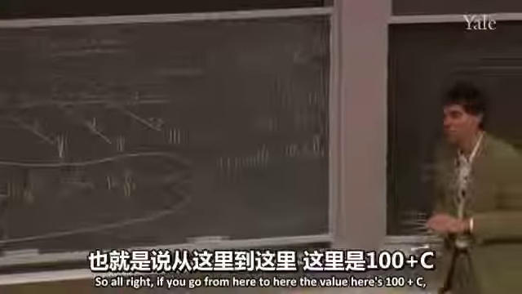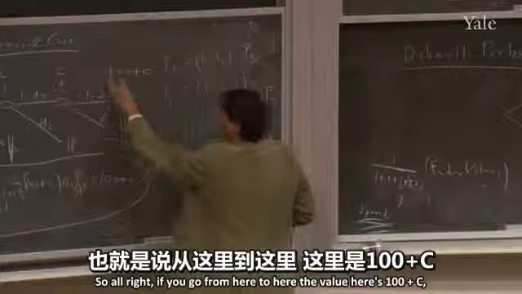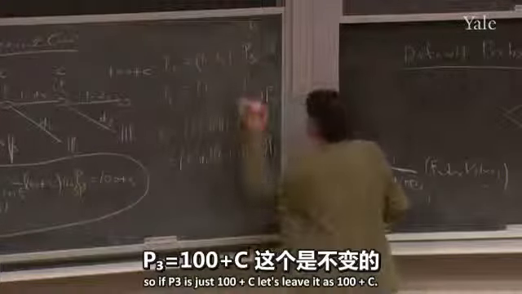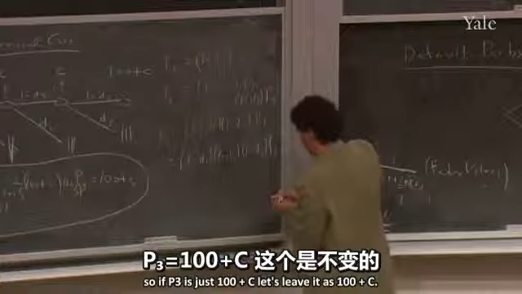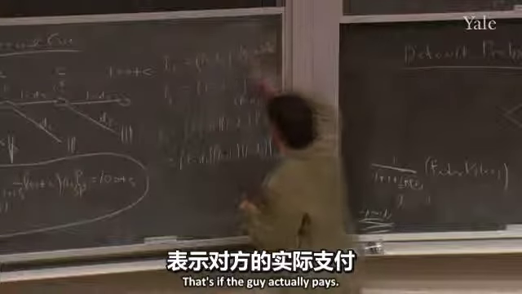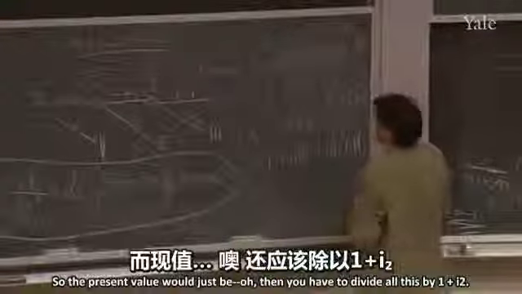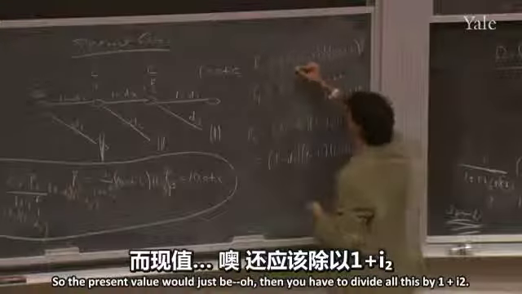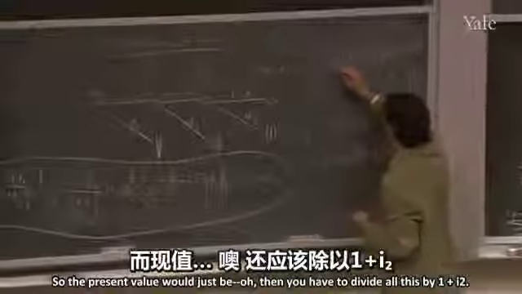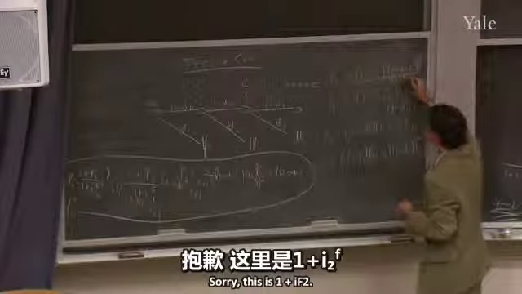Sorry, if you go from here to here, the value here is 100 plus C. So if P3 is just 100 plus C, let's leave it as 100 plus C. That's if the guy actually pays. Okay, so the present value would just be, then you have to divide all this by 1 plus IF2.